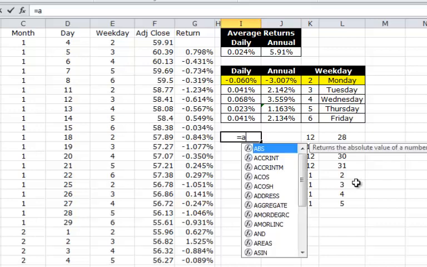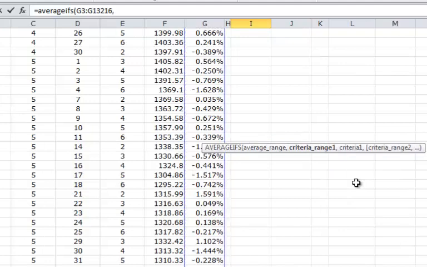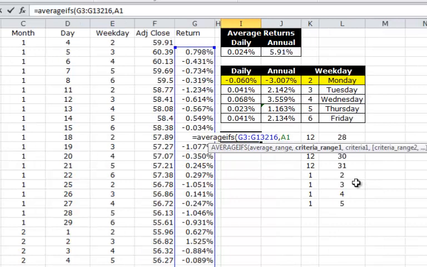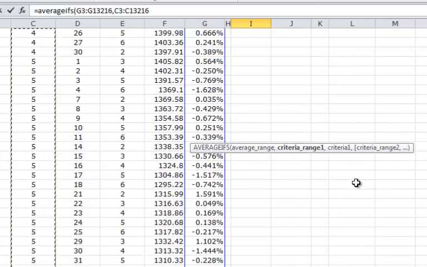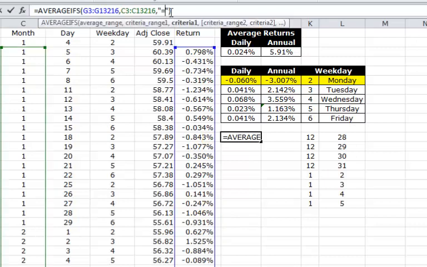So let's use our AVERAGEIFS function. Again, we go to the G column, and this time we're going to have two criteria. Our first criteria is going to be in the month column right there. In particular, we want that month to be equal to, remember you have to put an ampersand, sorry I forgot that, equal to that month, but we also want the day equal to this day.